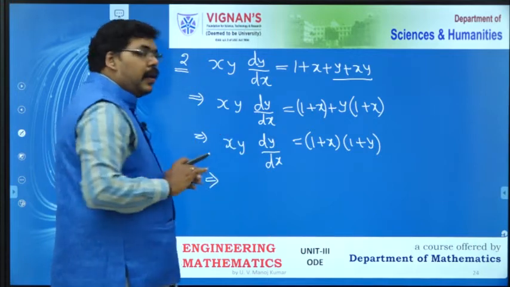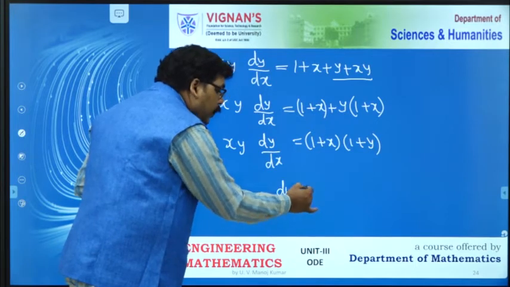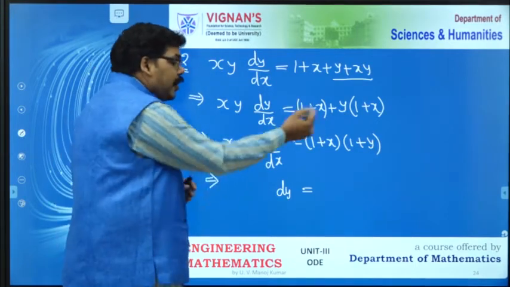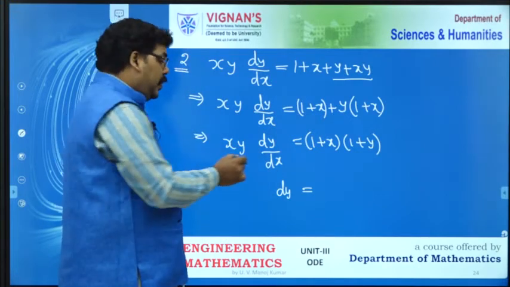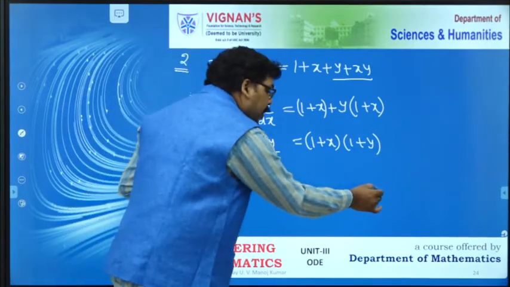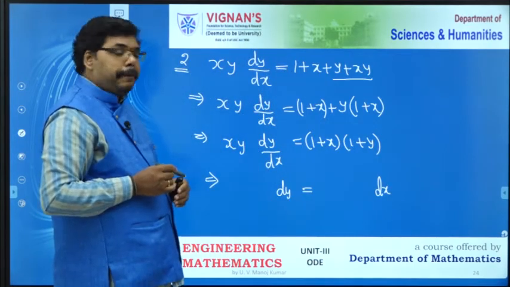dy you keep on LHS. Write dx on the RHS. dx is in the denominator here. If you bring this to the other side, you will get dx in the numerator.